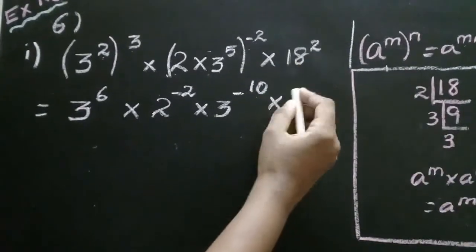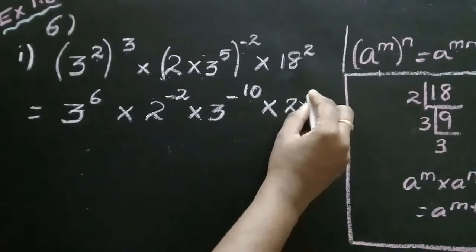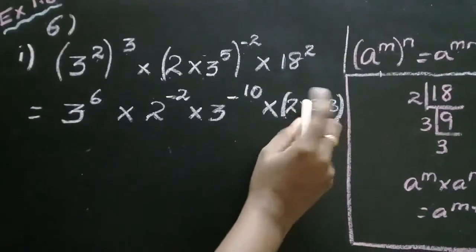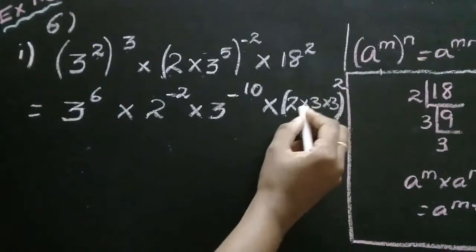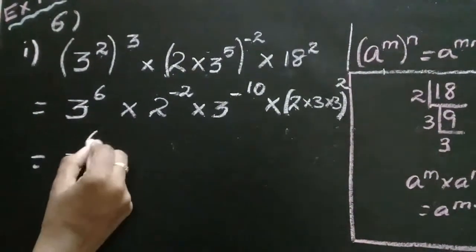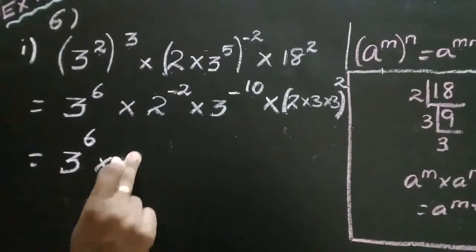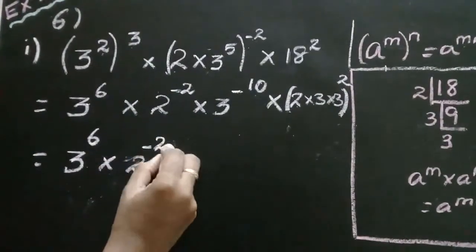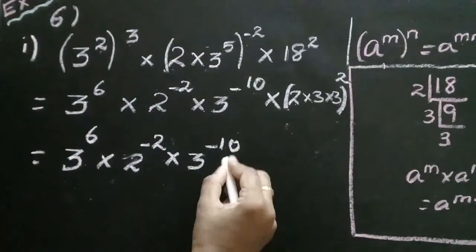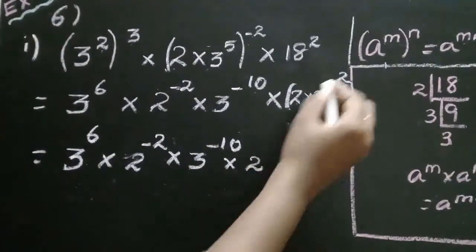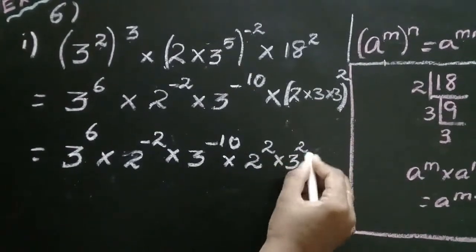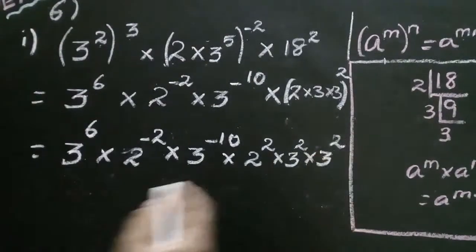So 18 can be written as 2 into 3 into 3, the whole power 2. So 2 is common for 2, 3 and 3 also. So 3 power 6 into 2 power minus 2 into 3 power minus 10 into 2 power 2, 3 power 2 into 3 power 2.